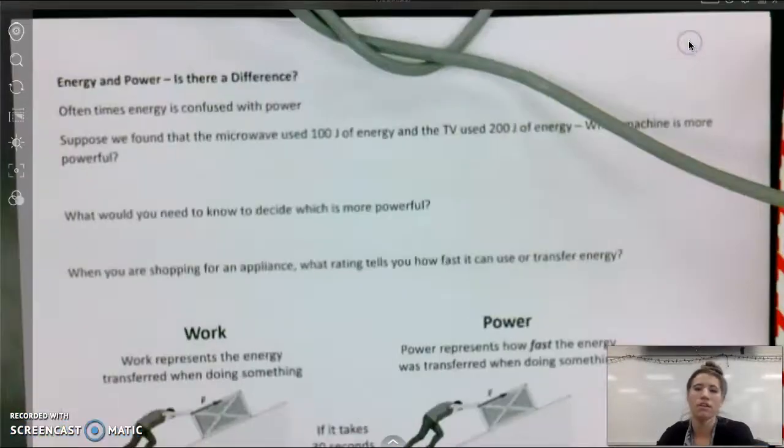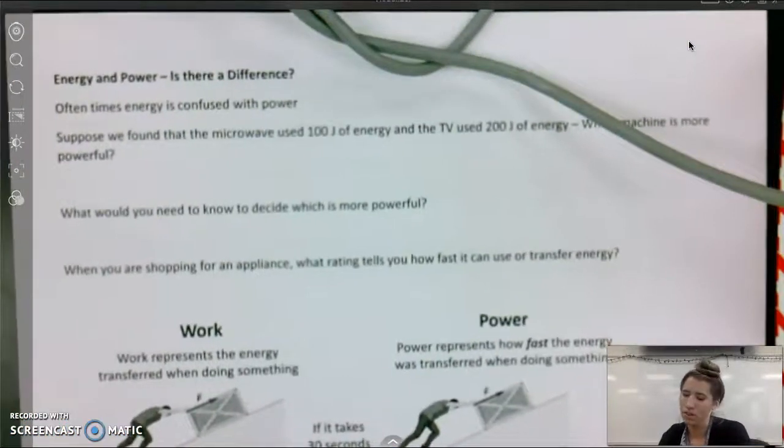All right. So, energy and power, what's the difference? Energy involves changing something for an object, whether that be its height or its velocity or another component. A change in that energy is work.